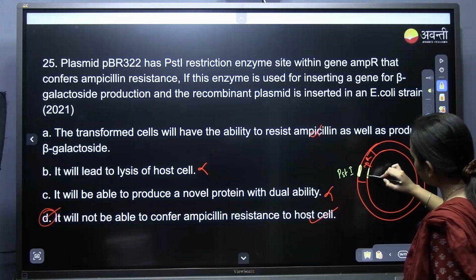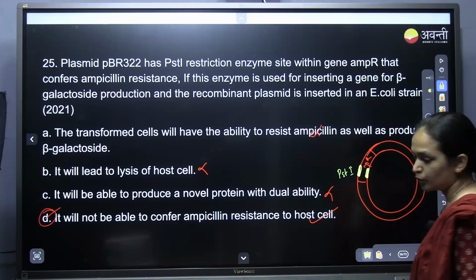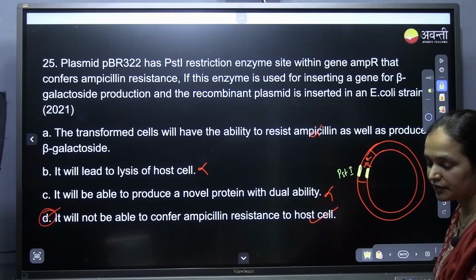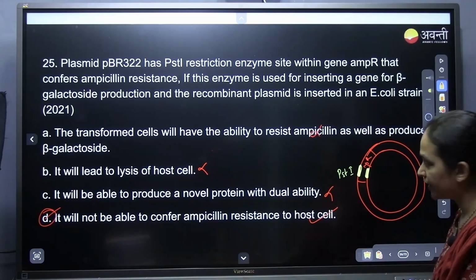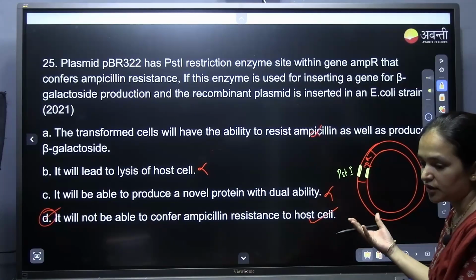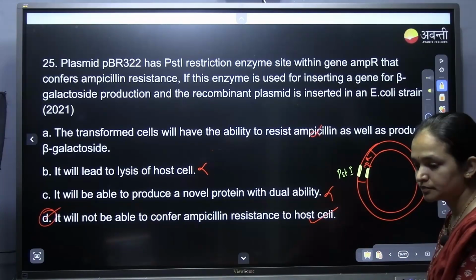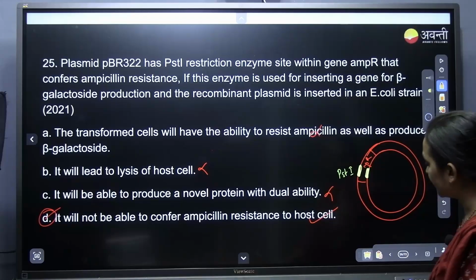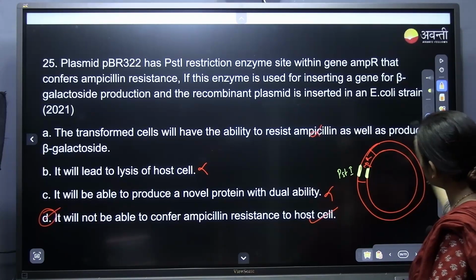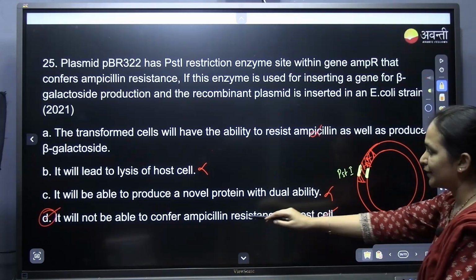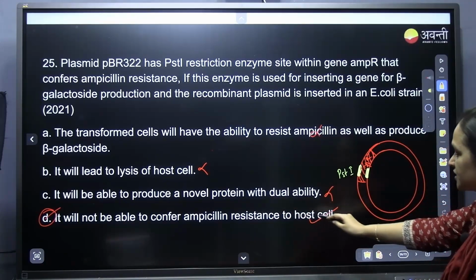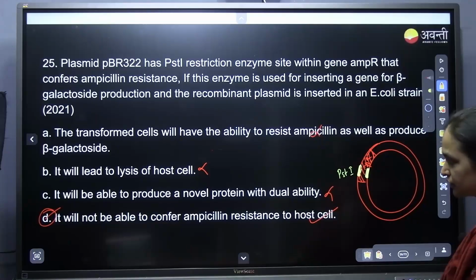So will the ampicillin resistance still be present? Will this bacteria give ampicillin resistance if it is incubated in ampicillin medium? No, right? As this site lost its ability, it will not be able to confer ampicillin resistance to the host cell, isn't it? So D is the correct answer.